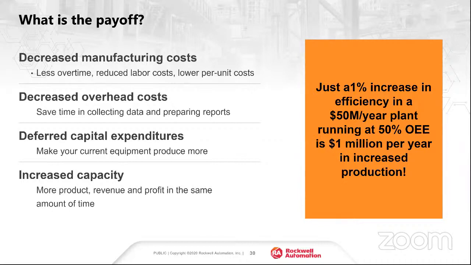So it means decreased manufacturing cost, less overtime, reduced labor cost, decreased overhead cost. The folks going around with a clipboard collecting data, that doesn't need to happen anymore. Then deferred capital expenditure: now you can understand the capacity of your production line, and you can say, I have capacity for taking in the growth that the company is going to do, right? And also increase the overall capacity in the same amount of time.